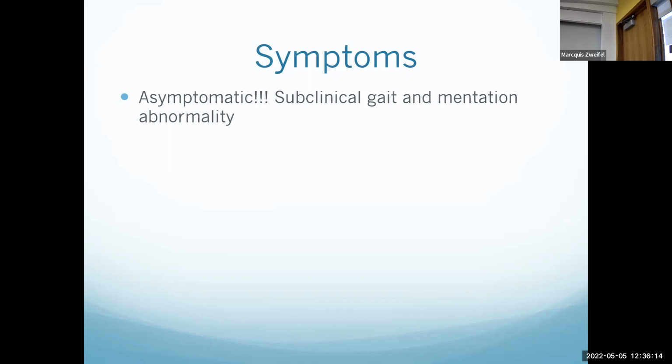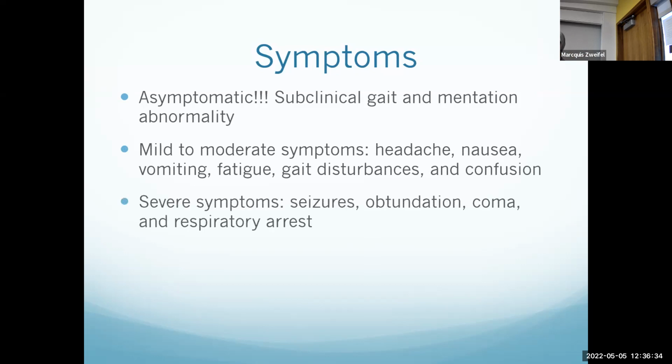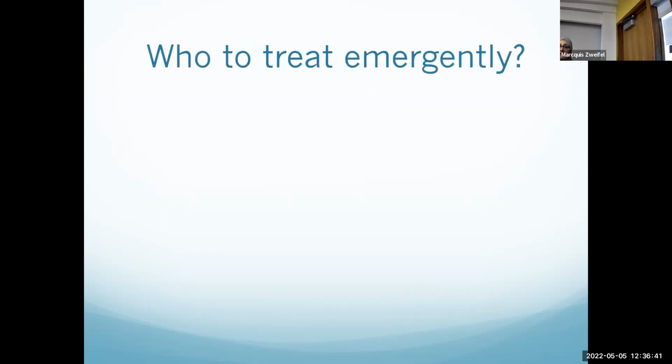So we spoke with his sister, who said, this guy, the minute he sees me, he smiles, and he's not smiling. That was our indication that there was truly a mental status change. So it sometimes really can be subtle. Mild to moderate symptoms: headache, nausea, vomiting, fatigue, gait disturbances, and confusion. Severe symptoms can lead to seizure, obtundation, coma, and respiratory arrest.